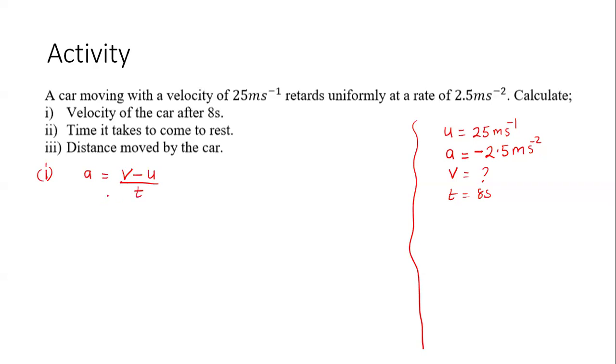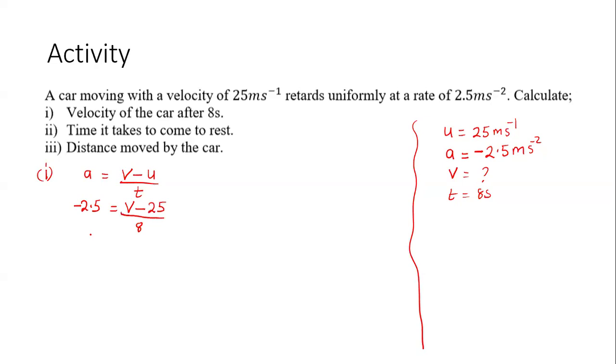So they will have negative 2.5 meters per second squared. Negative 2.5. Then the v we don't know, minus the initial, which is 25, divided by 8.